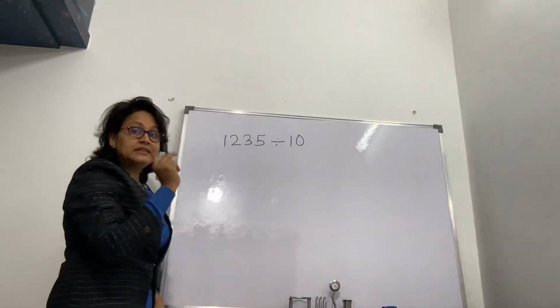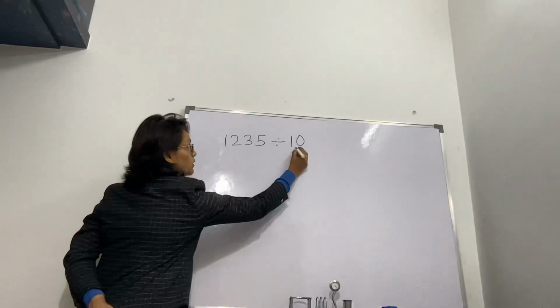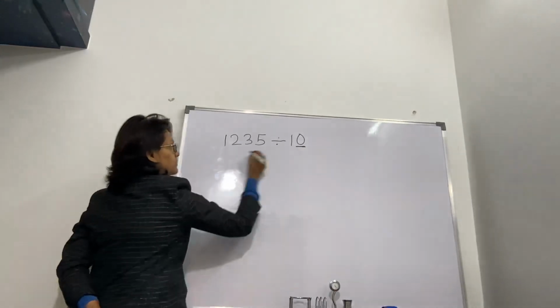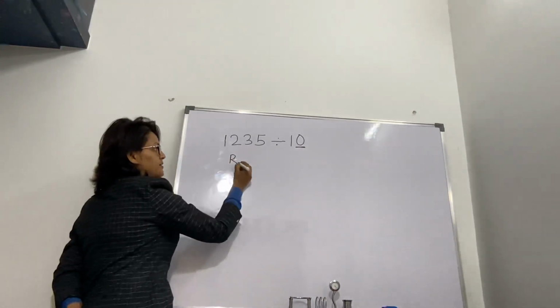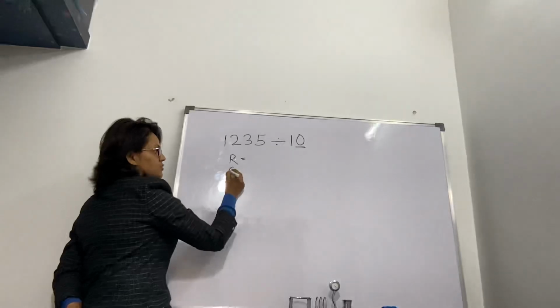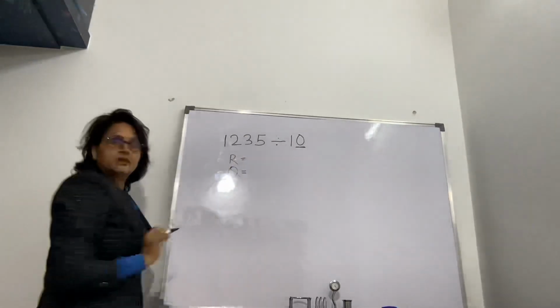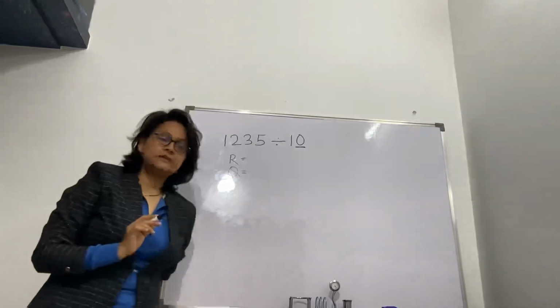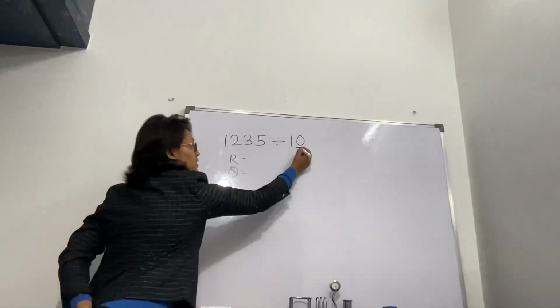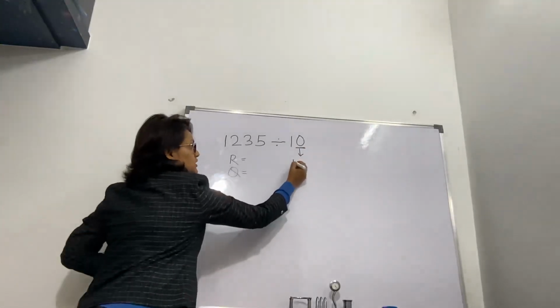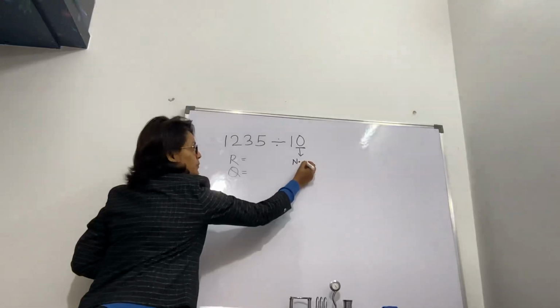So how? It is related with the remainder, but how? When it comes to remainder, we have to find the remainder as well as the quotient. When it comes to finding the remainder, you have to see the number of zeros.